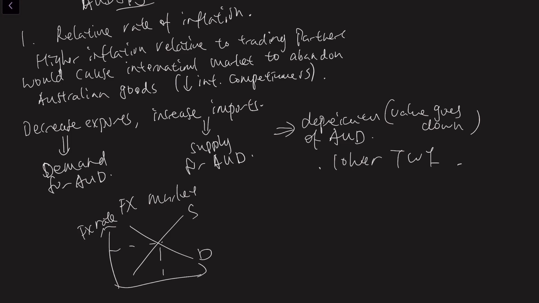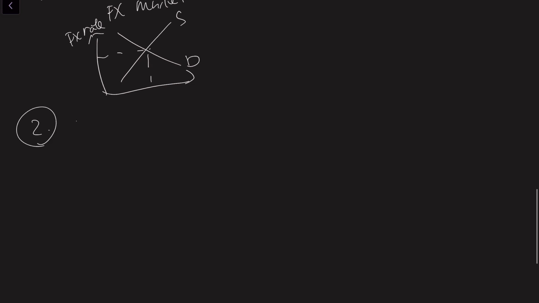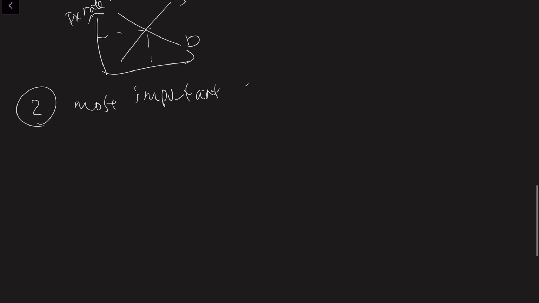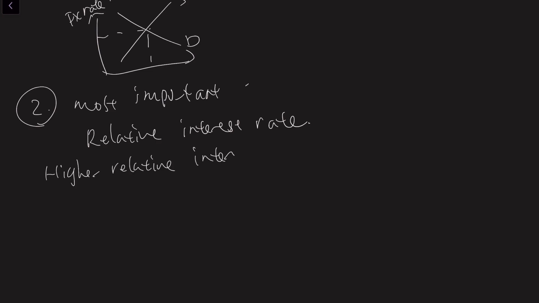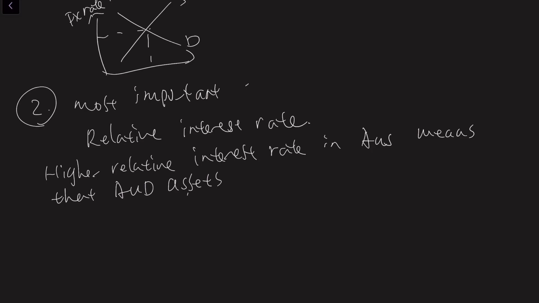Obviously, if you have a lower rate of inflation relative to trading partners, then the Australian dollar is expected to appreciate. The second, which is the most important factor, is the relative interest rate. So a higher relative interest rate in Australia means that Australian dollar assets, like bonds and deposits, can earn a higher return.